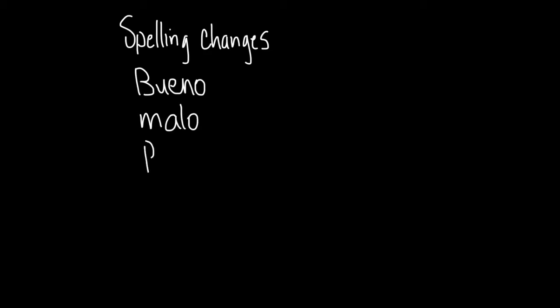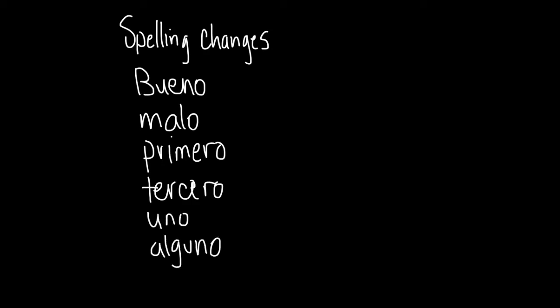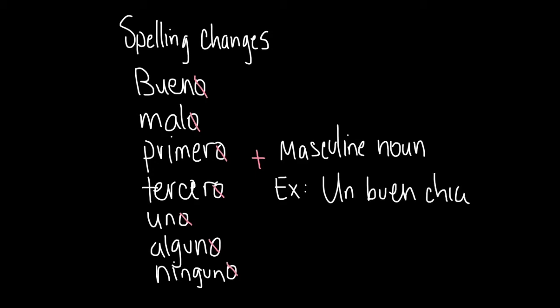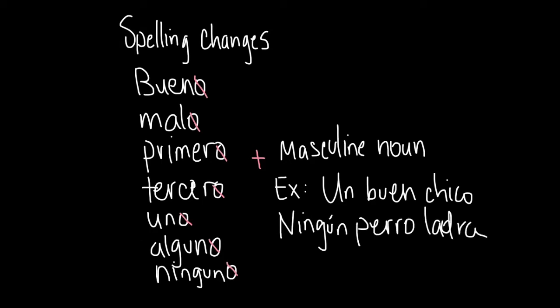Adjectives such as bueno, malo, primero, tercero, uno, alguno, and ninguno all drop the o when they are placed before a masculine noun. So for example, if I want to say a good boy, un buen chico, notice that there is no o before the word chico. Same thing with, let's say, ningún perro ladra. No o at the end of ningún, but notice that there is an accent.